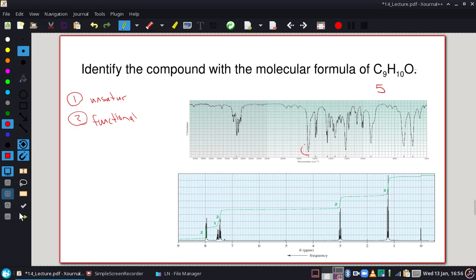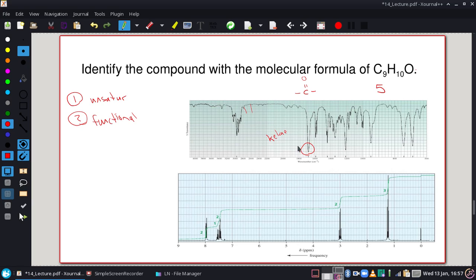Matter of fact, that thing right there is a good indication we have a carbonyl. Now, we don't have to worry about being an amide or an ester or a carboxylic acid because there's not any other O's or N's. So this particular carbonyl is either an aldehyde or a ketone. And our IR spectra tells us it's definitely not an aldehyde because we don't have that 2700 and 2800. So in this case, we know 5 elements of unsaturation and we know we have a ketone.